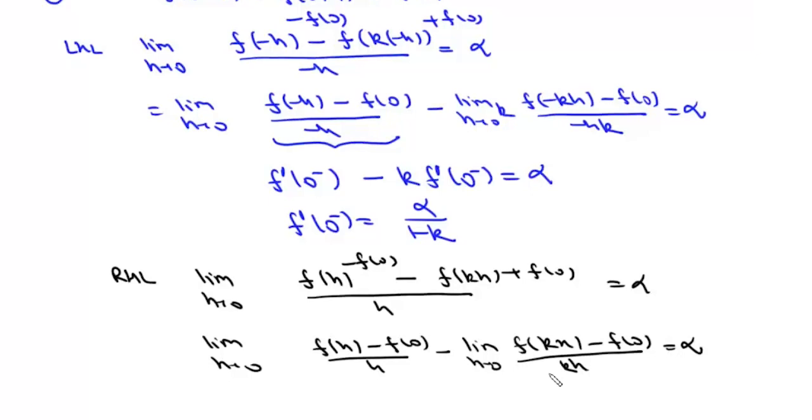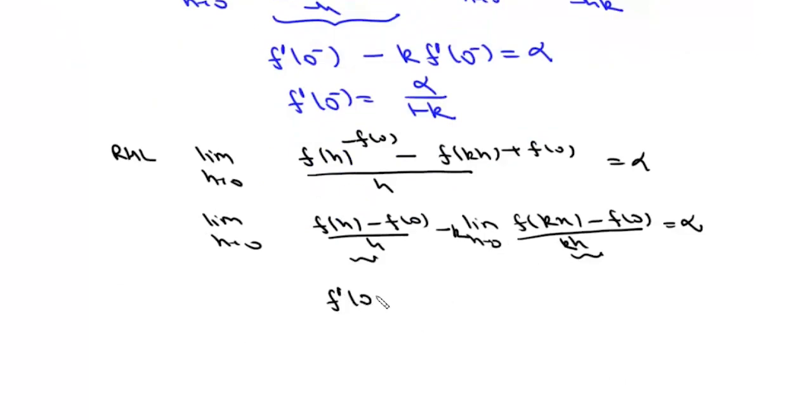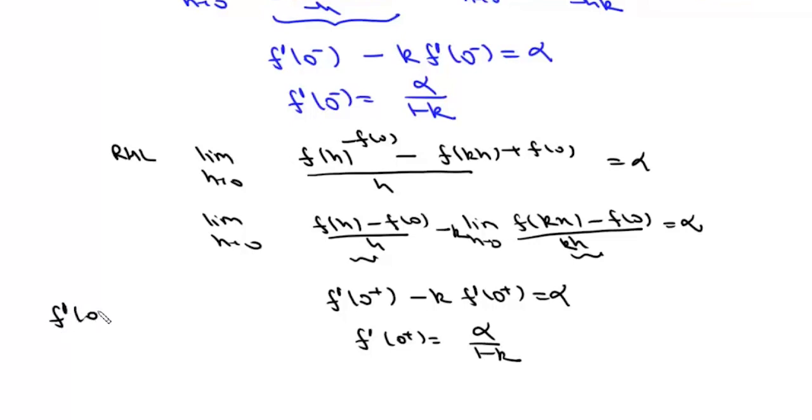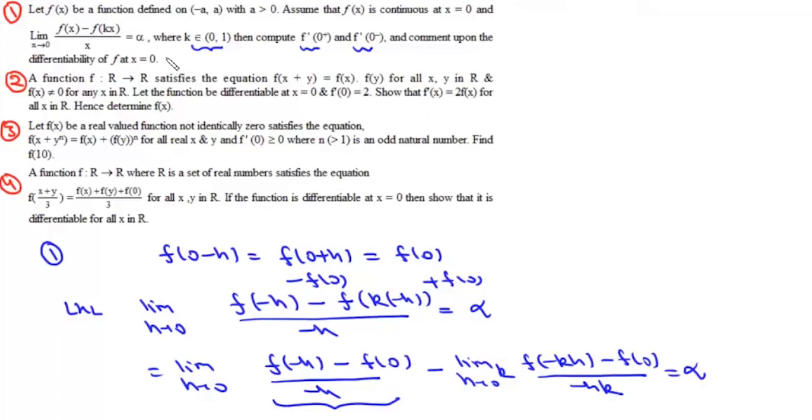Now here again we'll multiply and divide with k. Now these are right hand derivatives at 0. So it will be f dash 0 positive minus k into f dash 0 positive, that is equal to alpha. So the value of f dash 0 positive will be alpha upon 1 minus k. And since they are equal, f dash 0 exists and the value of f dash 0 will be alpha upon 1 minus k. And therefore this function is differentiable at x equals 0.